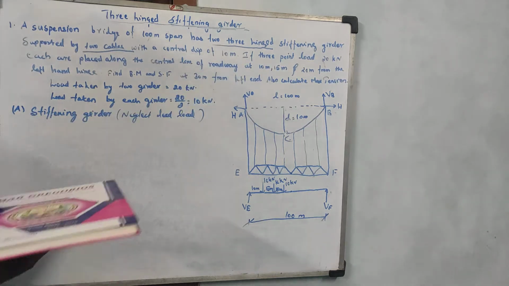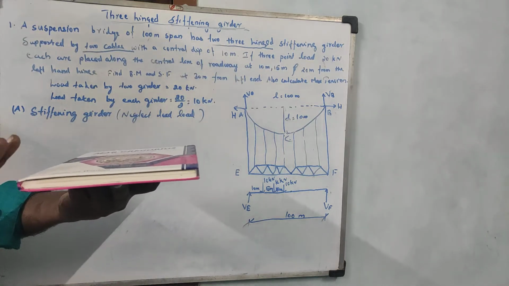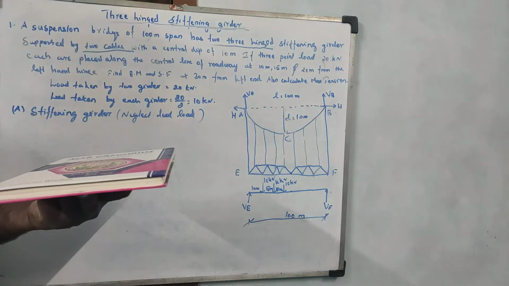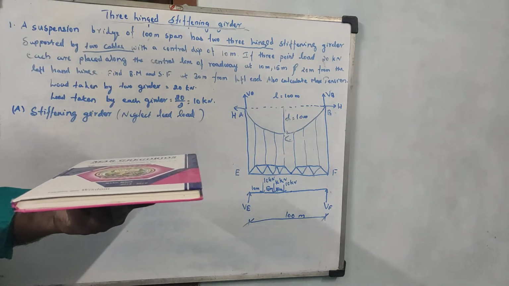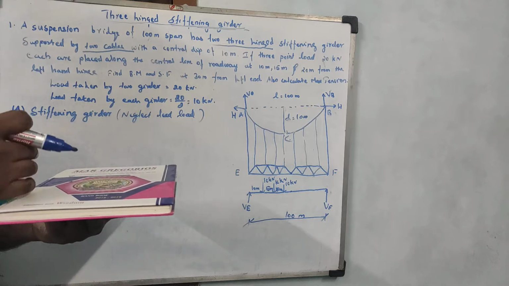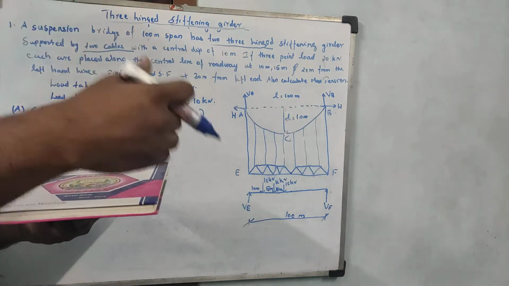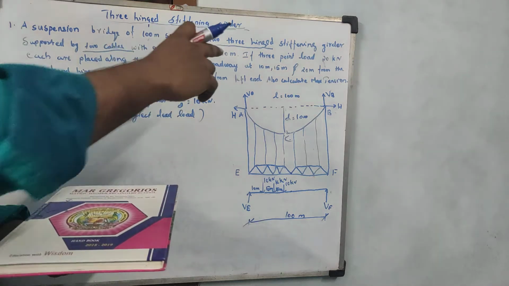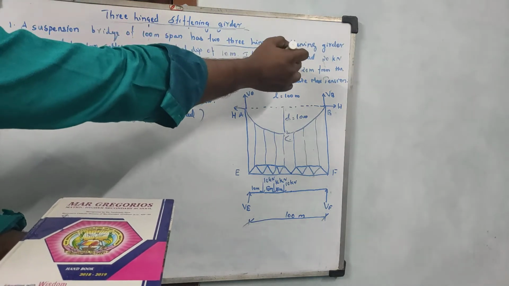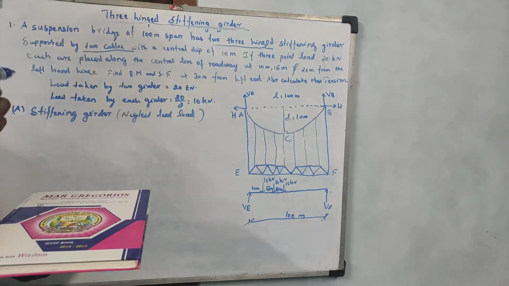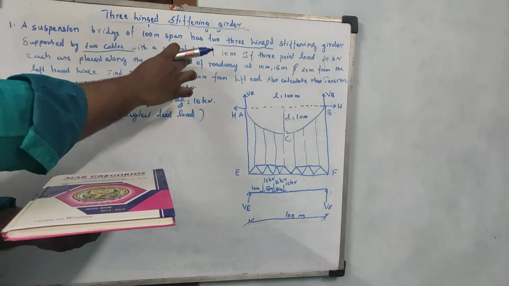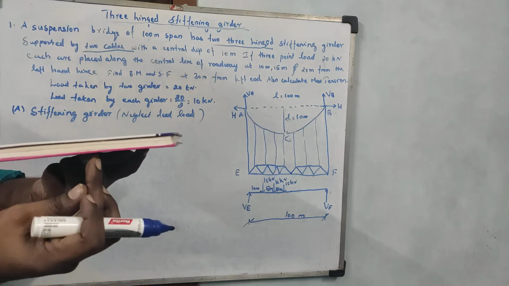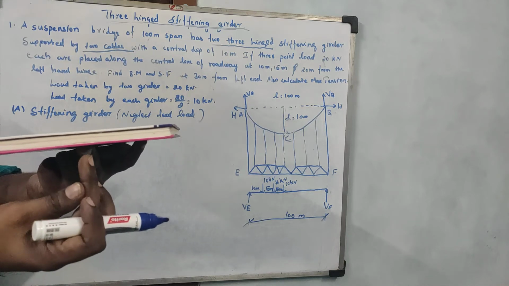Assume it is a roadway. A roadway has a pair of cables and stiffening girders. Here notice 3-point loads of 20 kN each are placed along the center line of the roadway.